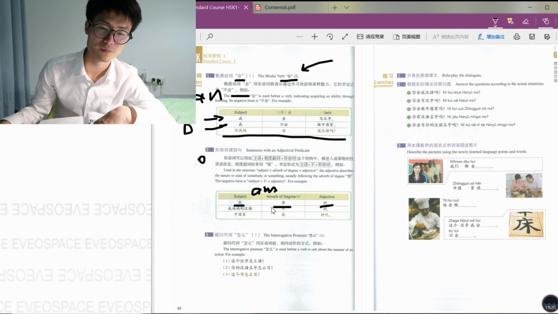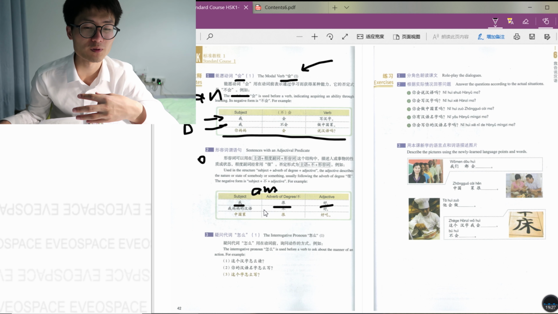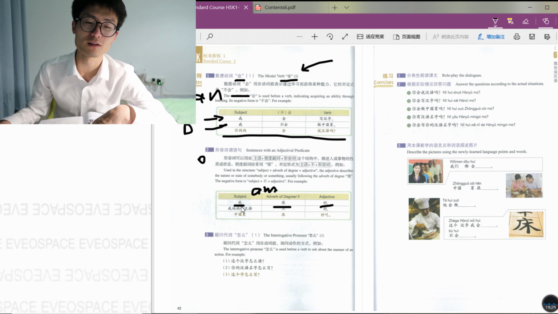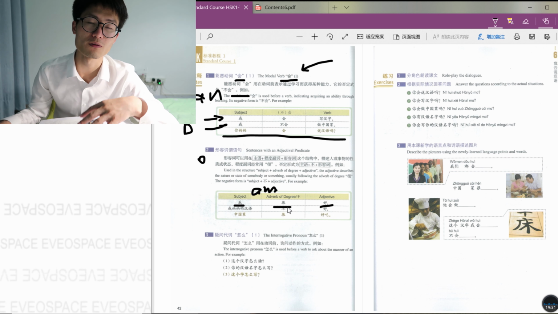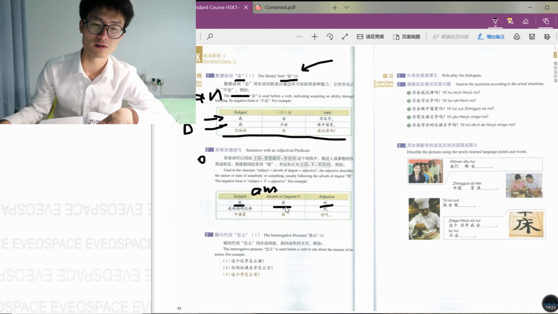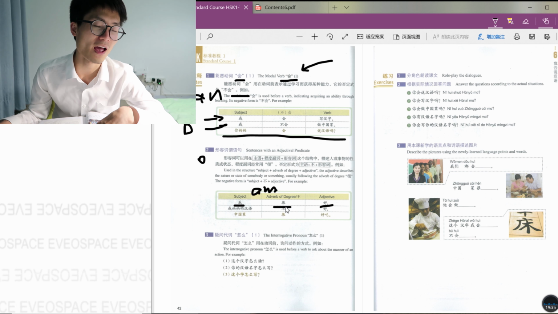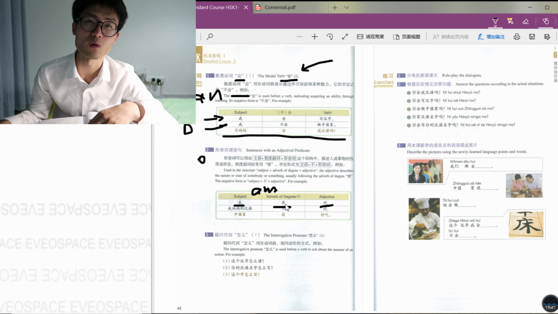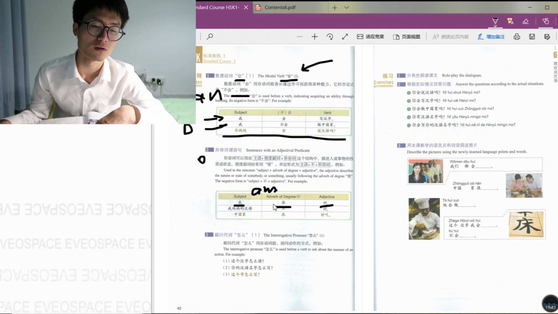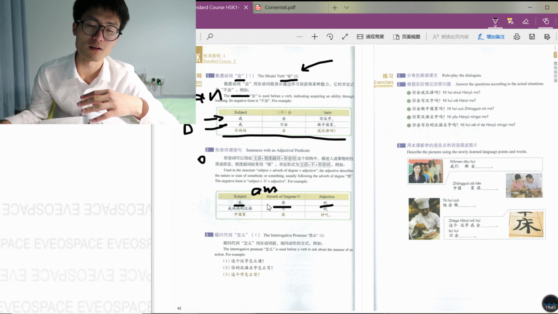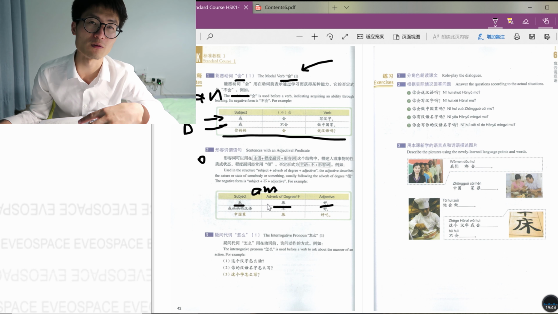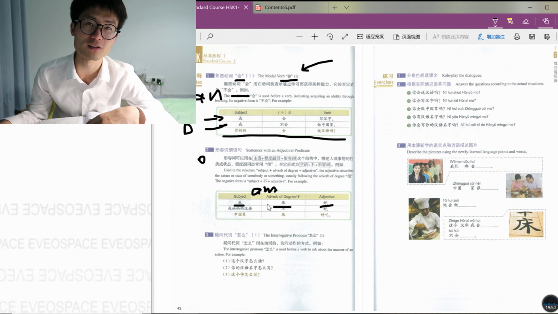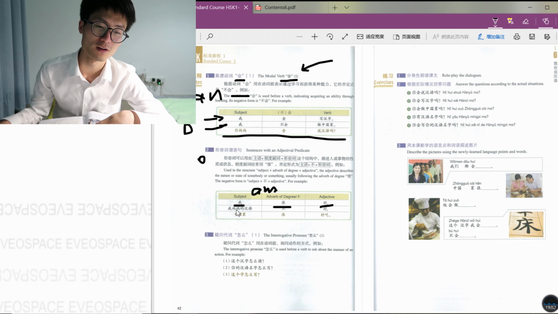And it's absolutely correct just to say those 3 characters. Instead, if you add 是, that's the Chinese word for am or is or are, it would sound absolutely not native.